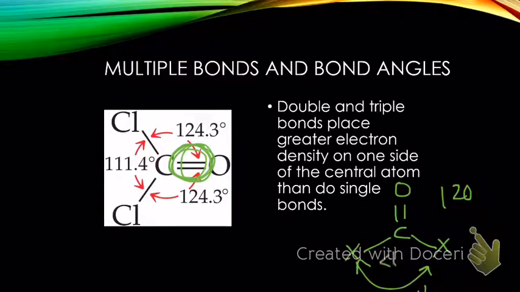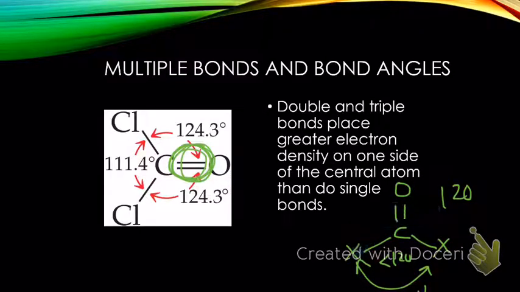So down here it's going to be a little less than 120 because the double bonded electrons have more density to them, and so they're going to push down on the two single bonded electrons in those bonds right there.